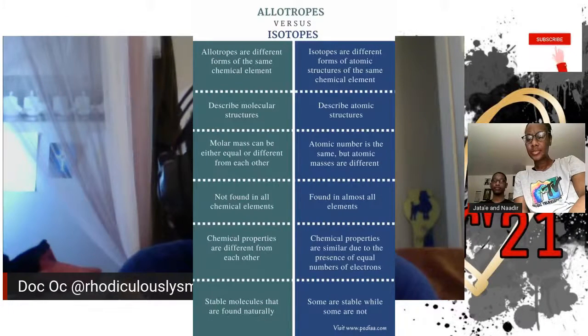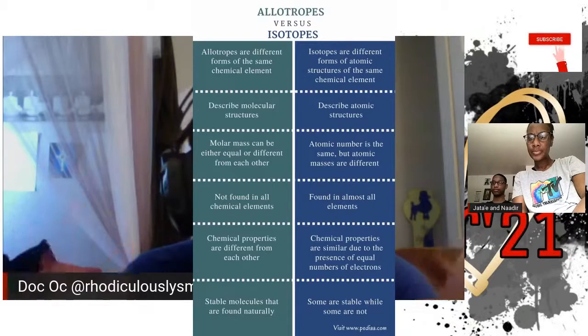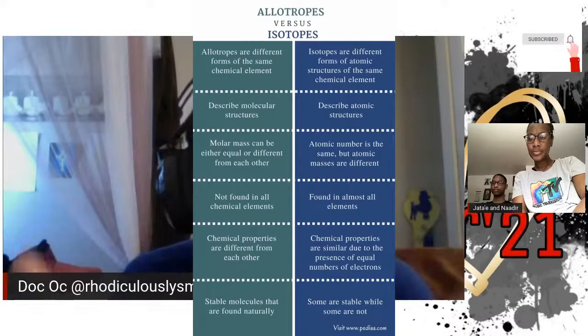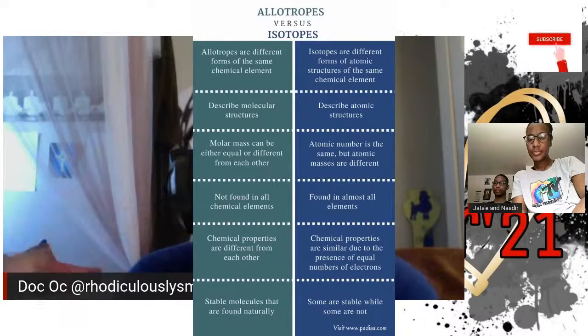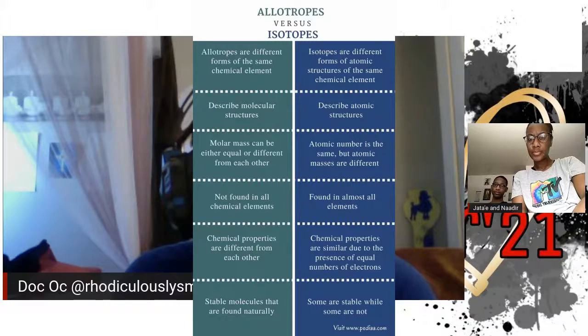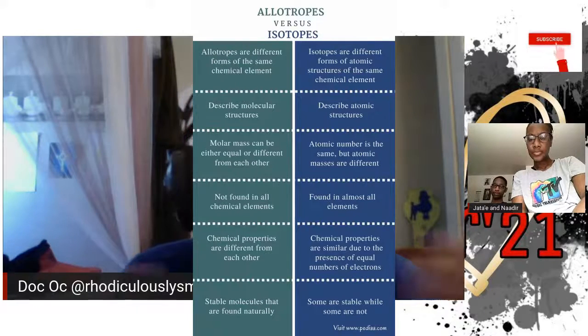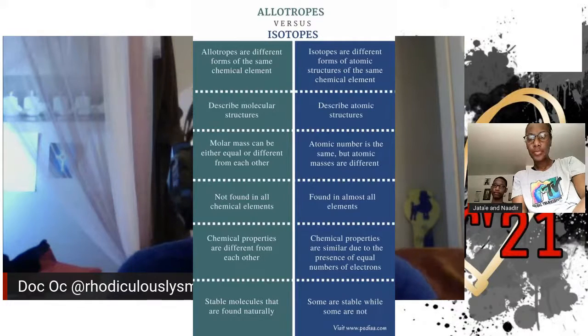Except for when you're using it as a reactant in something, and the molar mass is important. If you don't have to know how much of an element or reagent you have, like the weight, then it doesn't matter if you have the allotrope or the isotope, because the reactivity is going to be very similar.